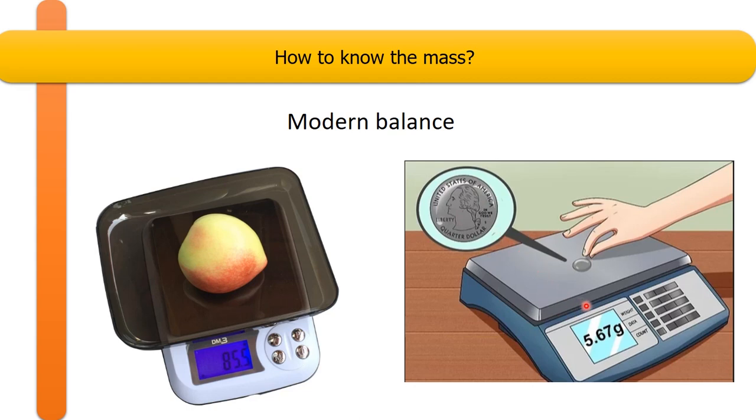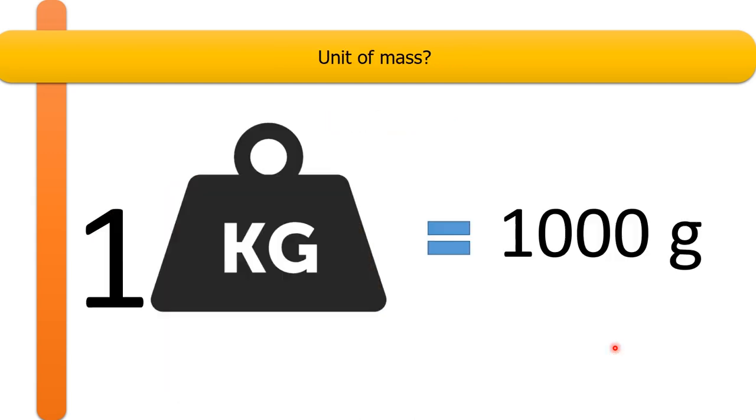But wait, can you repeat? 5.6 grams. What is this G? What is gram? Gram is the unit of the mass. To know how much mass, we should use a unit. To know how tall you are, we say, for example, you are 160 centimeters.